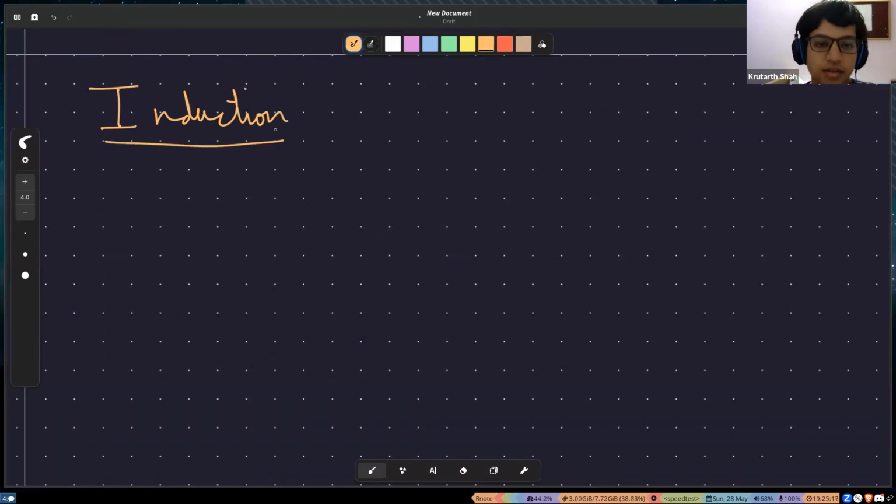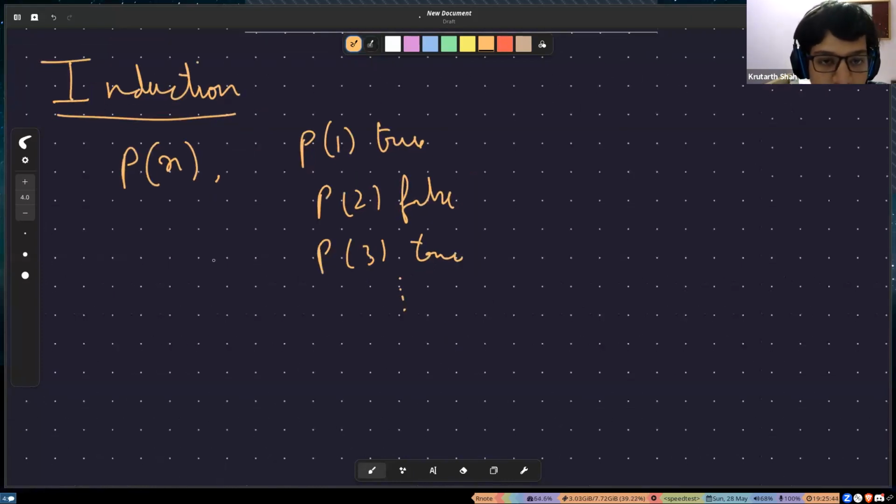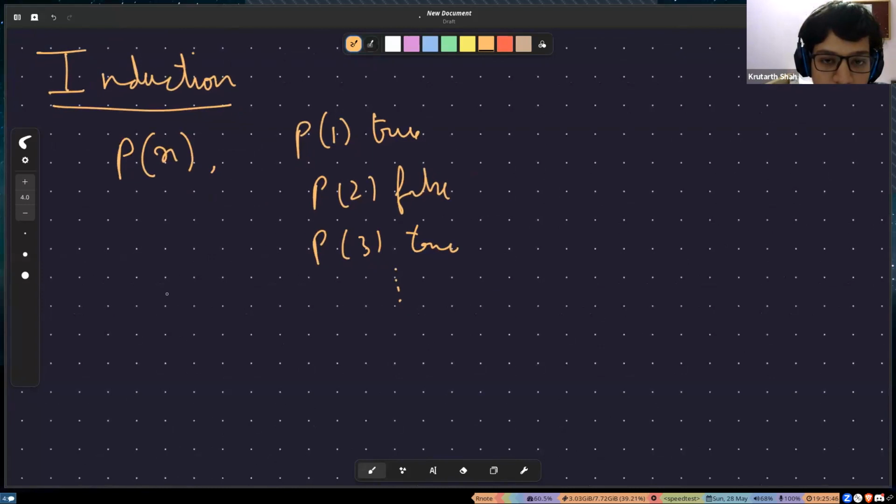All right. So let's start with what induction actually is. Let's say I have a statement P which depends on a variable n. So P of 1 could be true, P of 2 could be false, P of 3 could be true, and so on. You have a bunch of statements, infinitely many actually.